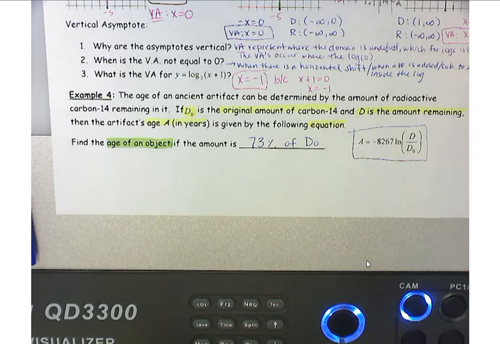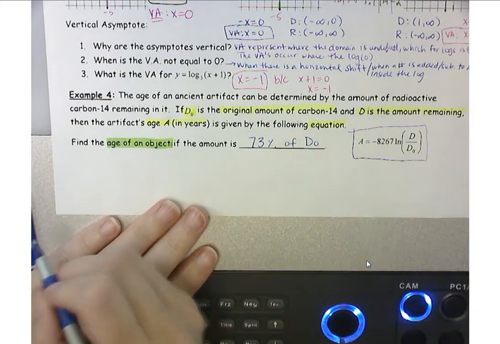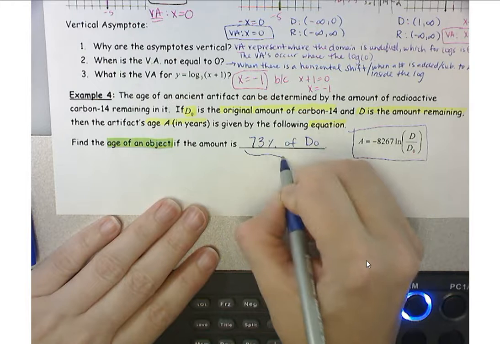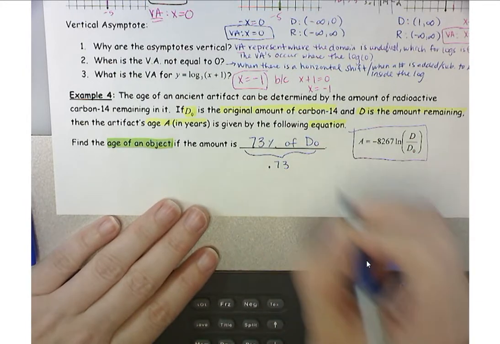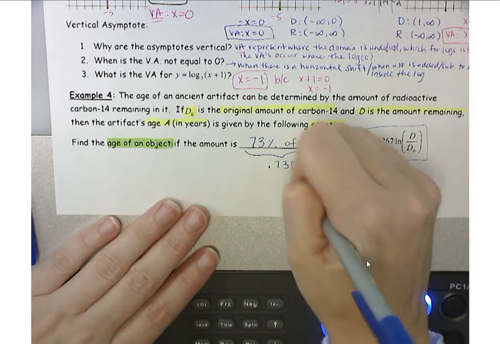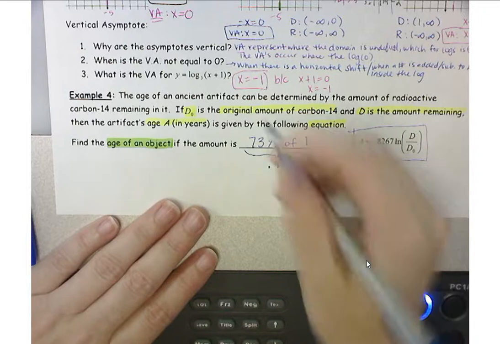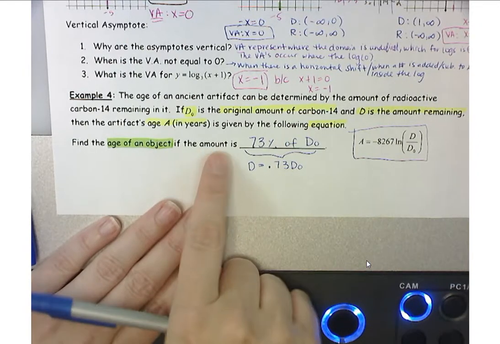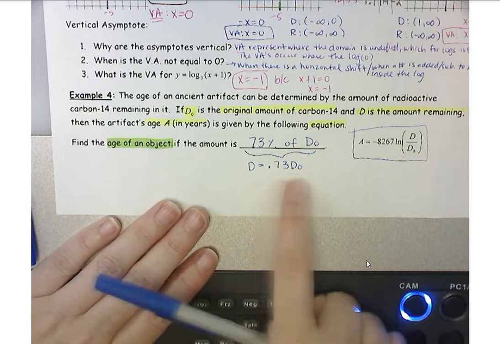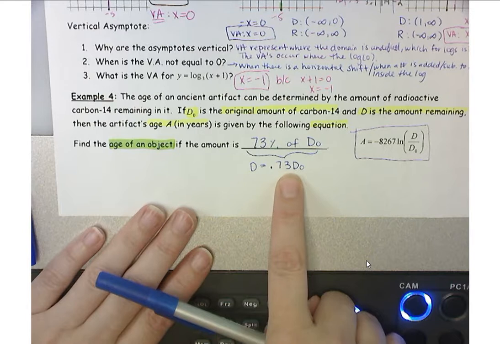Okay, so 73% of D sub 0 is 73% of the original amount. So then we can interpret that as 0.73 D sub 0. Okay, and that would be your amount remaining. So that would be your D. Okay, so if your amount remaining is 73% of the original, to find it, you would just do 0.73 times D sub 0.